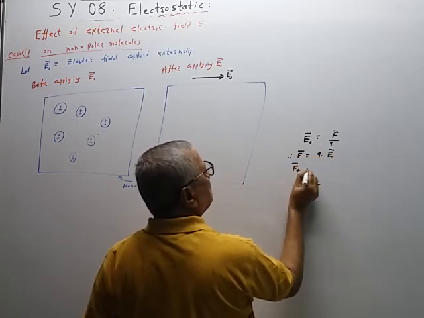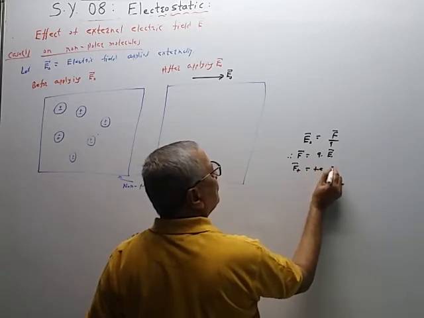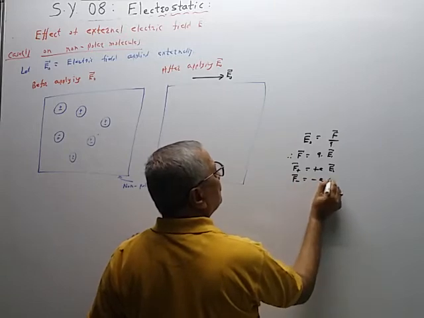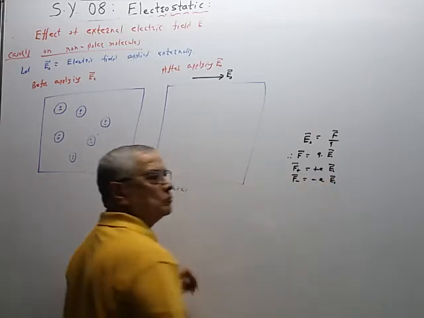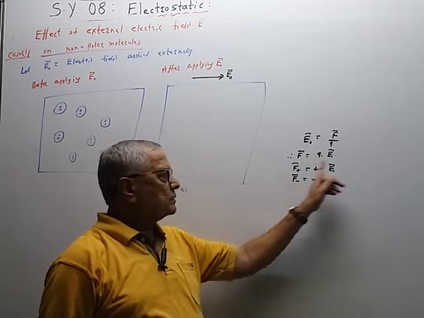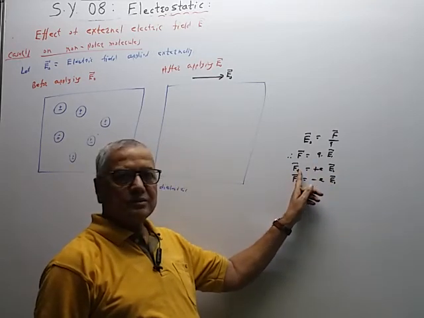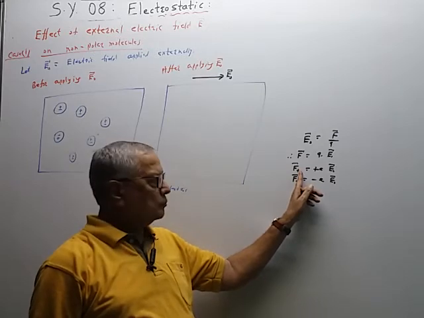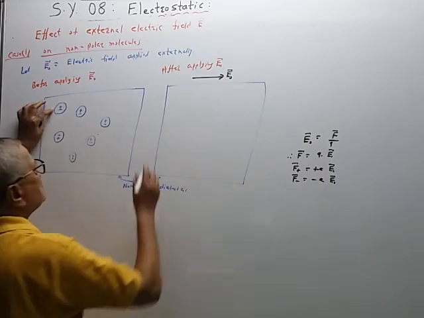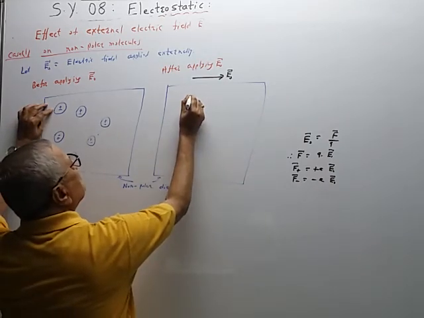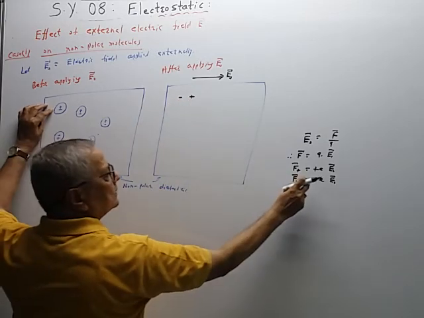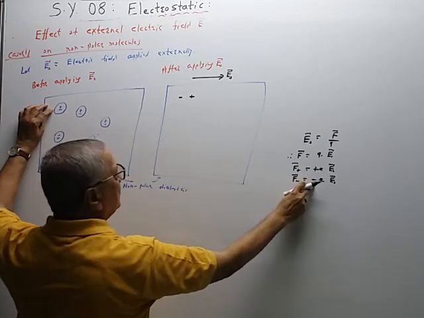So, F plus is equal to plus e into E0, and the force acting on the negative charge is equal to minus e into E0. These are vector equations. Same sign, same direction. So the positive charge of the proton experiences the force in the direction of the applied electric field. So in this atom, the positive charge will move in the direction of electric field, and the negative charge will move in the opposite direction, opposite sign, opposite direction.